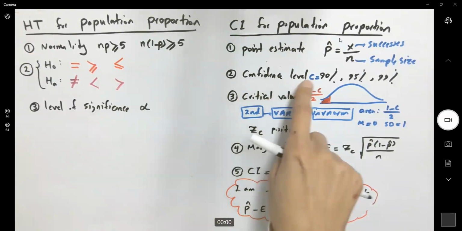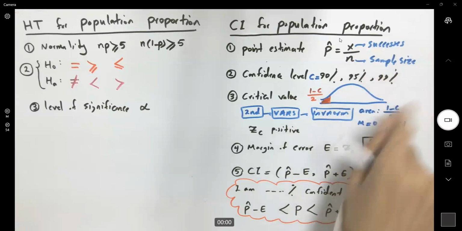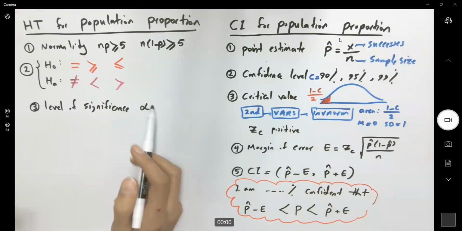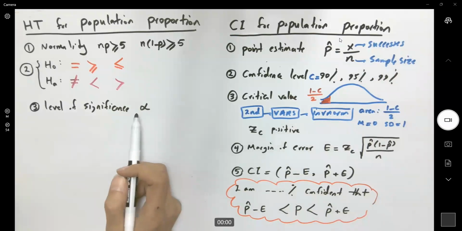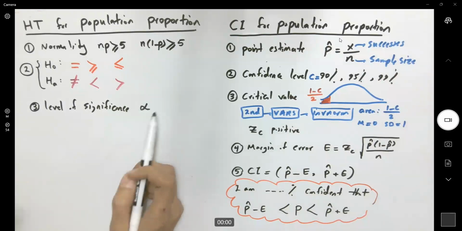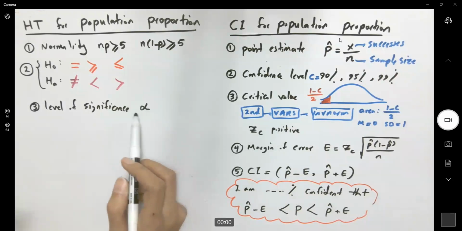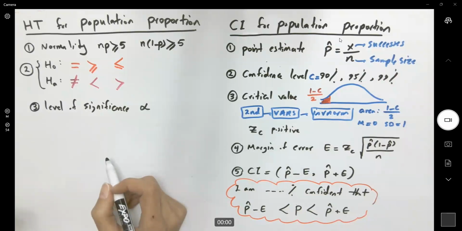Confidence level, they say that you're 90% confident, 95% confident, 99% confident. The level of significance is a value which is 1%, 2%, 3%, 4%, 5%, 10%, small percentages, small areas that help us to identify the rejection region, the rejection area.